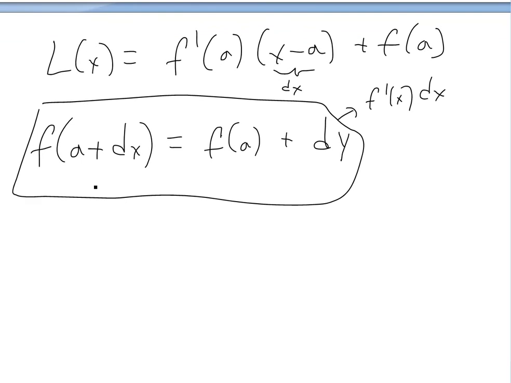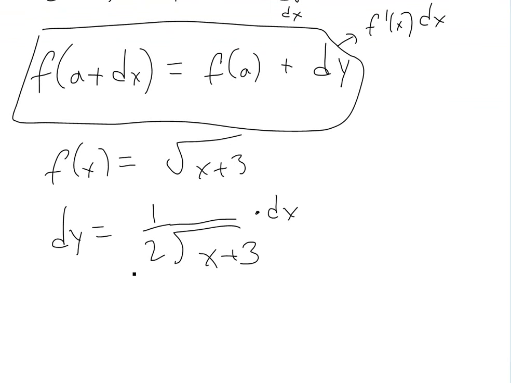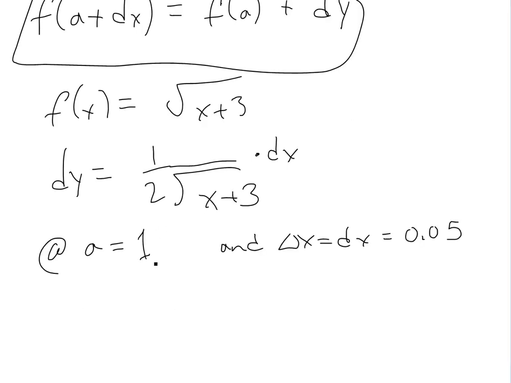And then this one we could quickly approximate. Let's say we had f of x is equal to square root of x plus 3, then dy is just equal to, well, just do the derivative here. This is going to be 1 over 2 square root of x plus 3 times dx, and then a is equal to 1, the starting point, and delta x equals dx, let's say it's equal to 0.05. We could quickly get the equation.